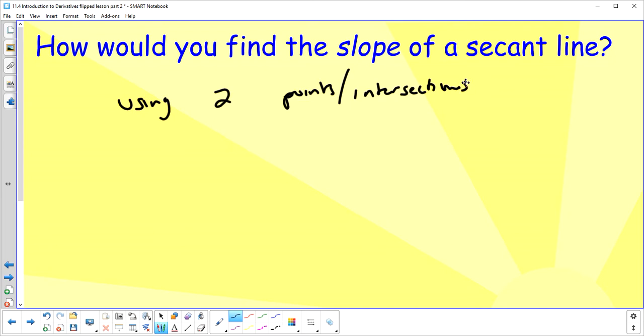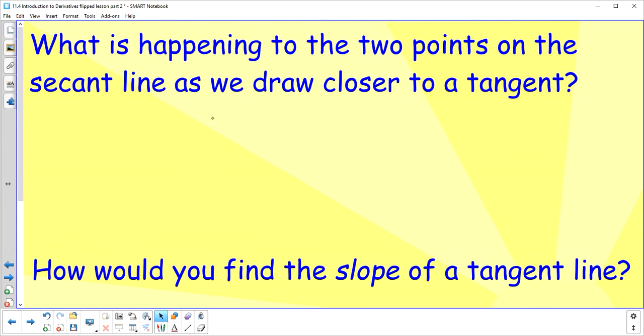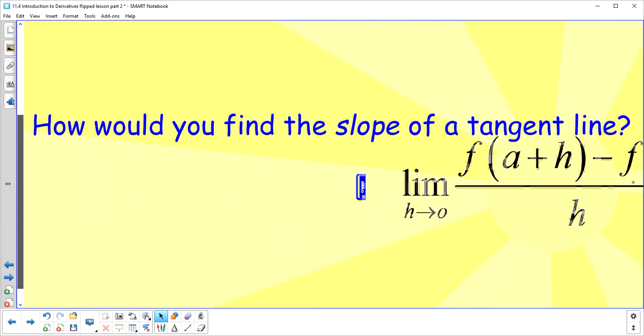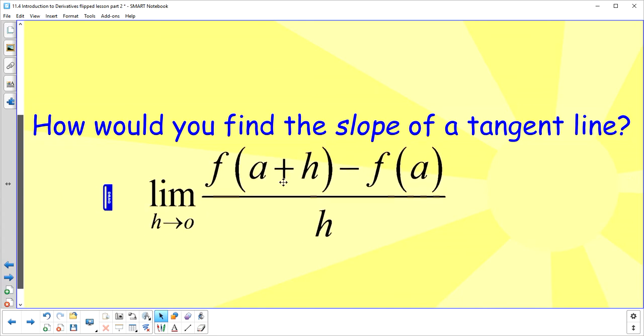Okay, the problem is when we talk about a tangent line, since it only hits it once, those 2 points are getting closer and closer together until they are 1 point. And the problem there is we can't find the slope with 1 point. But what we can do is if we take our derivative definition and use that, now you'll see since h is going to 0, this is where we talked briefly that these two are going to be the same point.